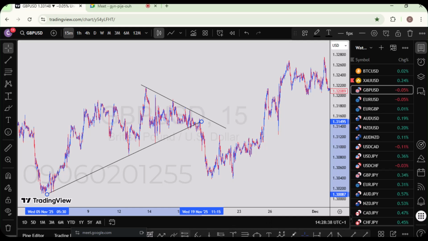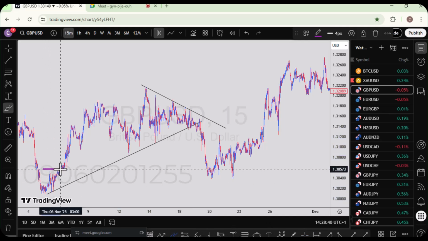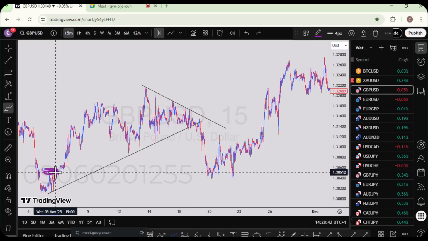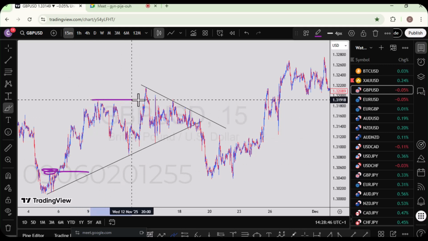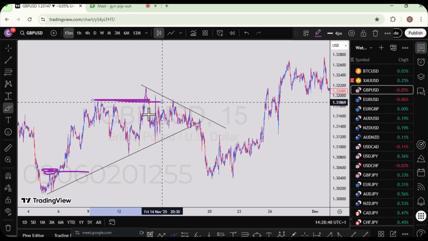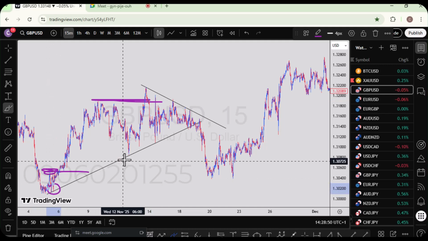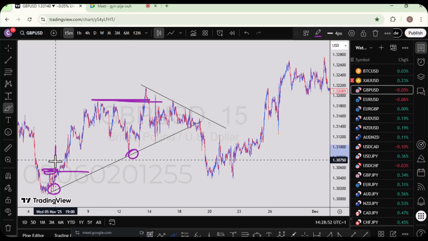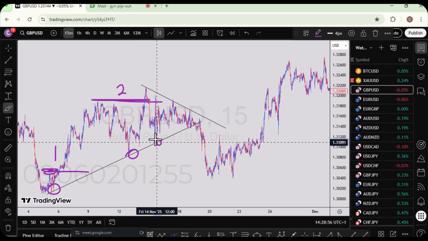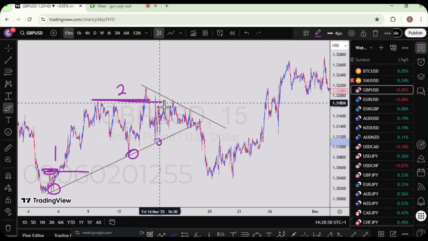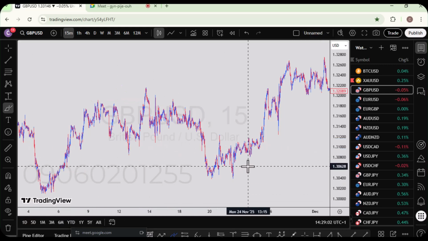We have a break here. We have a break here. Now the market went all the way up. We have another slight break here. So we have 1, 2, first break, second break of structure. Now the third right here, we couldn't have a break. The market came all the way down. So this is a very choppy market.